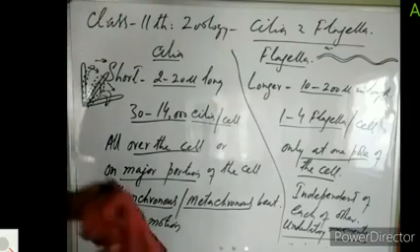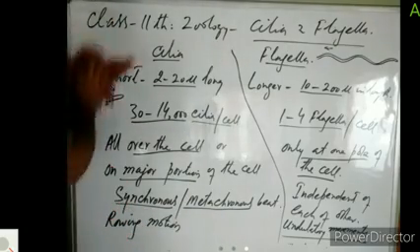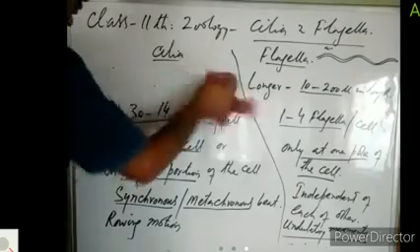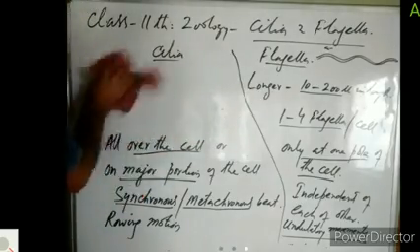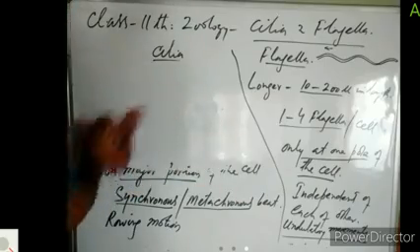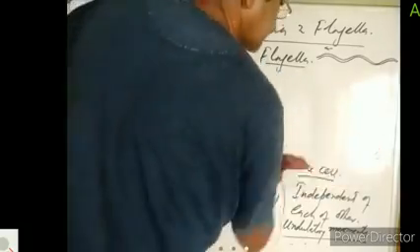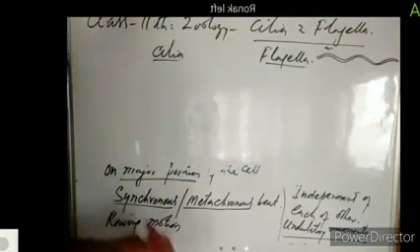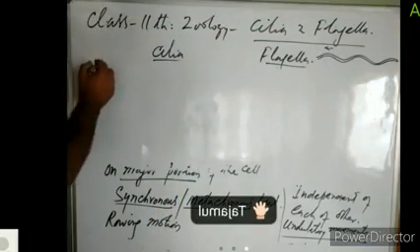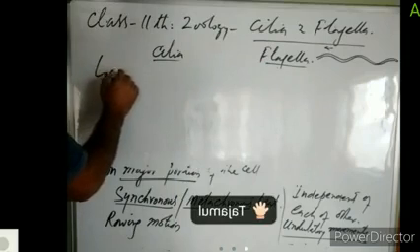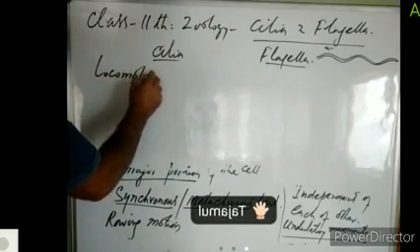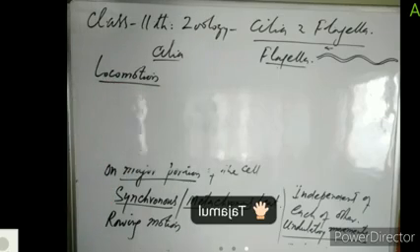Then what is the function of these cilia and flagella? Can you tell me what is the function of cilia and flagella? Cilia may be used for locomotion. Cilia are used as a locomotory organ.